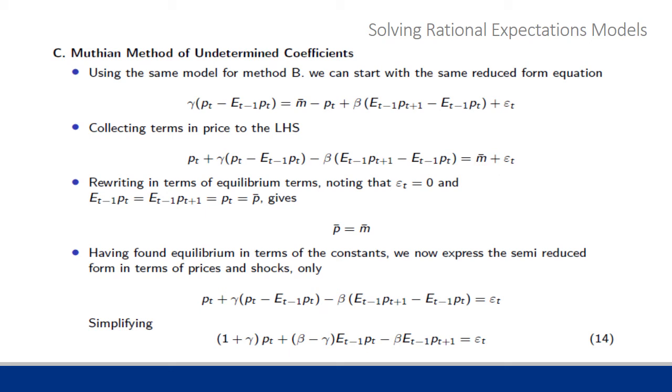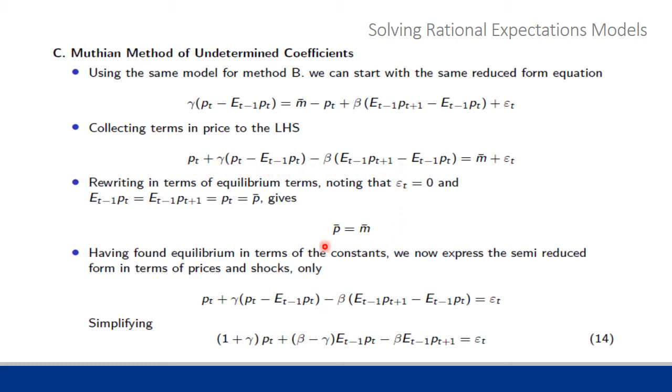And if we write this out in terms of equilibrium price, we set E p_t equal to E p_t plus 1 equal to p_t equal to p bar. So the equilibrium price is equal to the price, is equal to the expected price and the expected future price. Replace every p term in the previous equation with p bar.